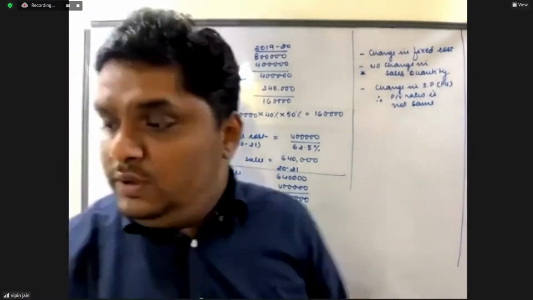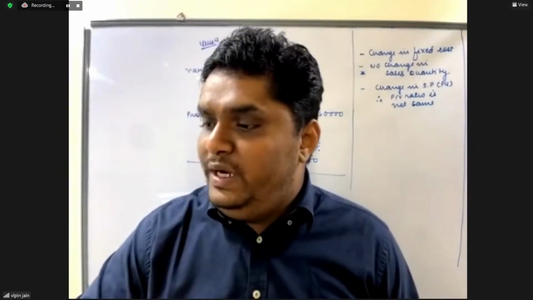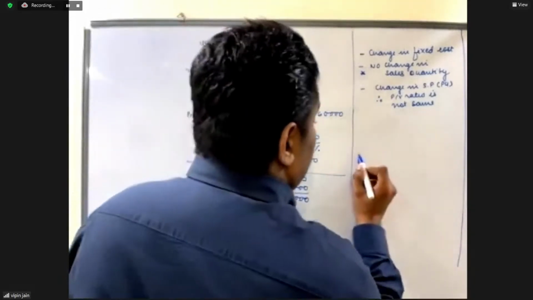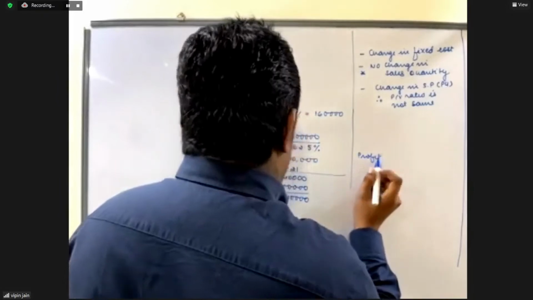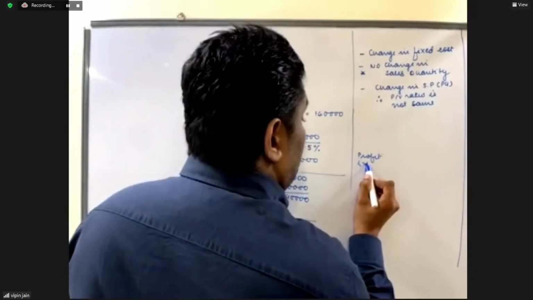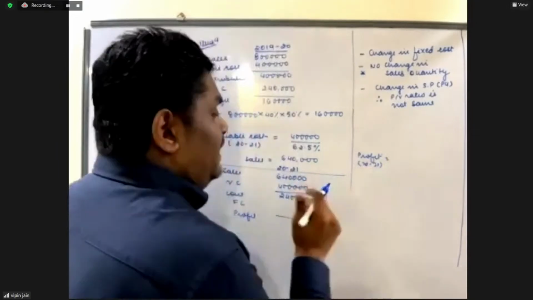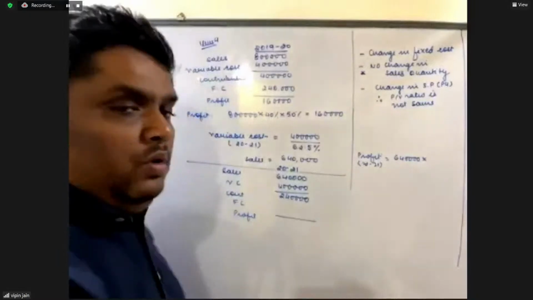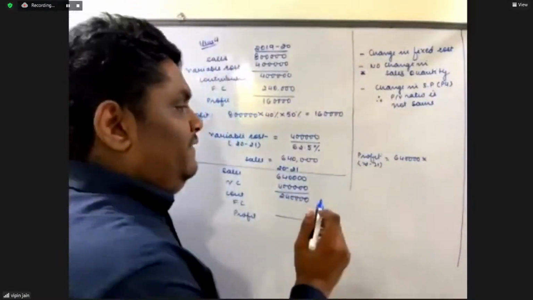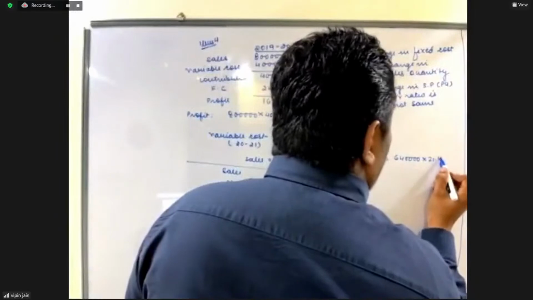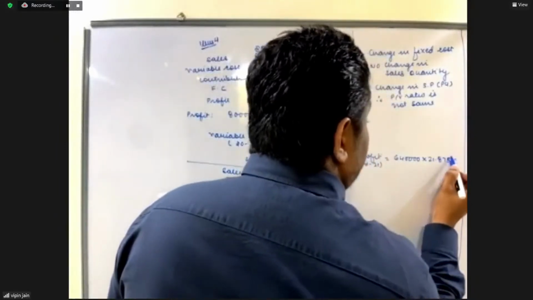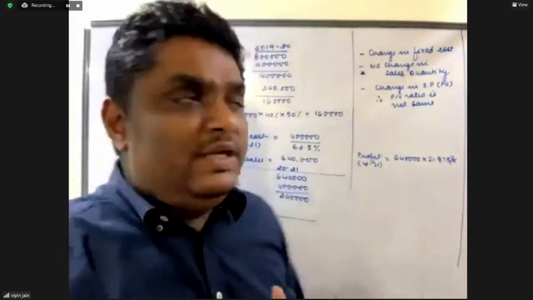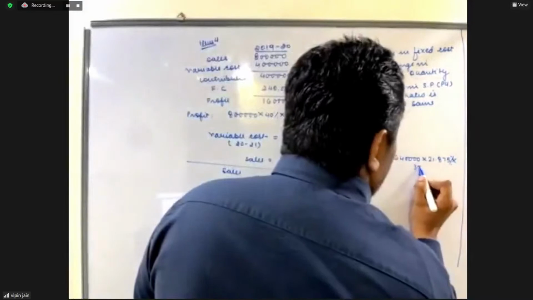Again, when talking about the profit part, the margin of safety sales is 21.875. My total sales is 640 into 21.875% into my PV ratio, that is my new PV ratio, that is 37.5%.